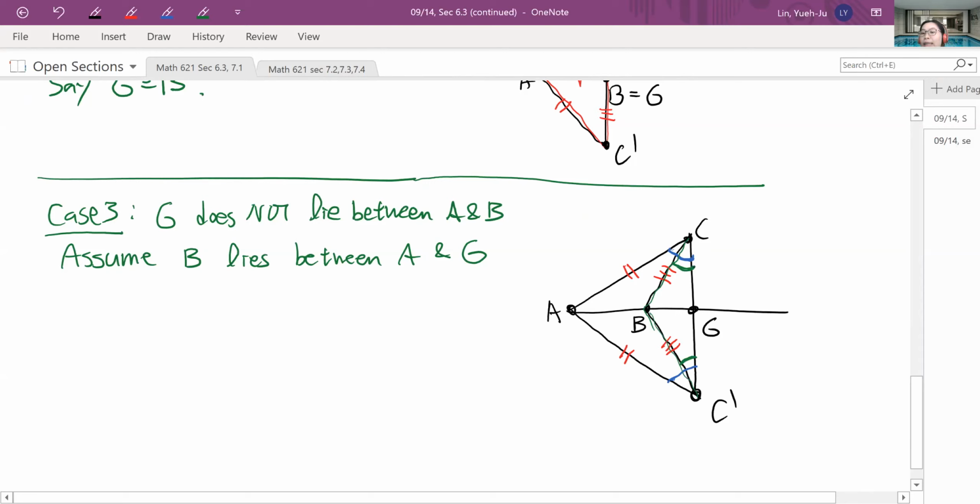If that's the case, after you take the larger angle and subtract the smaller one, you should also get the same smaller angle here. The red one will be the same, right? Now you have two sides and the angle between them, so you should be able to still prove that ABC is congruent to ABC prime. So it shouldn't be too bad.